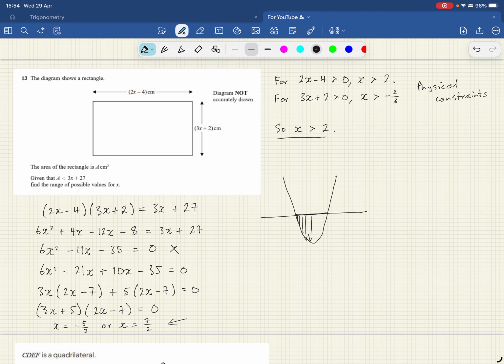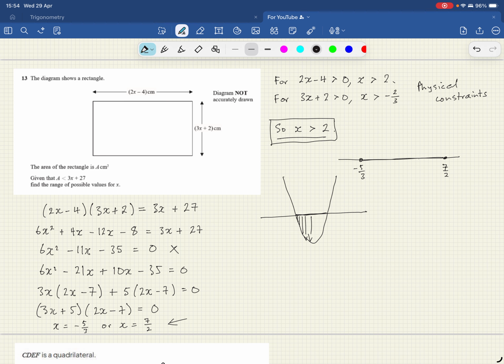So we've essentially got a number line, here's our number line. We've got minus 5/3 there, and all the way up through 0 to 7 over 2 here. But this extra constraint is coming into play.